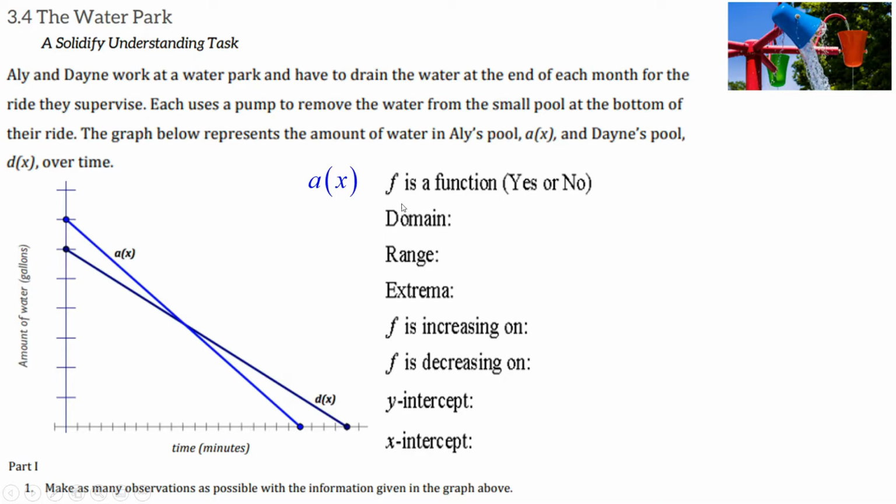So first of all, is A of x, this blue graph right here, the graph of a function? Would you all agree that it passes the vertical line test, which implies every input has one and only one output? So yeah, it's a function. And the domain. Well, based upon this graph, I'd say the domain is in a closed interval from x equals 0 to, we counted that earlier, wasn't that 20?